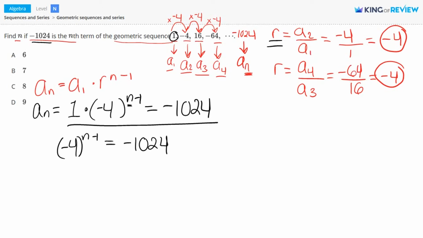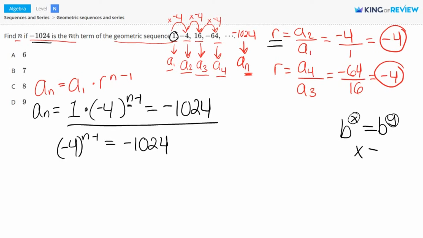Now we want to think about a property that states if we have two powers with the same base, so if we have b to the x and b to the y, if these two numbers have the same bases and these two numbers are equal, then we know that x and y must be equal.